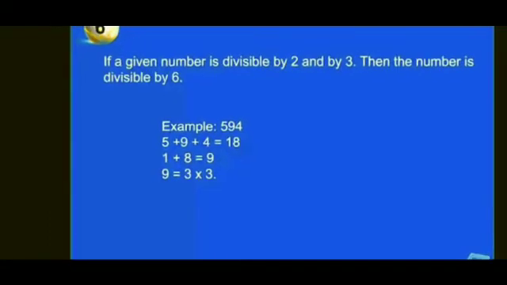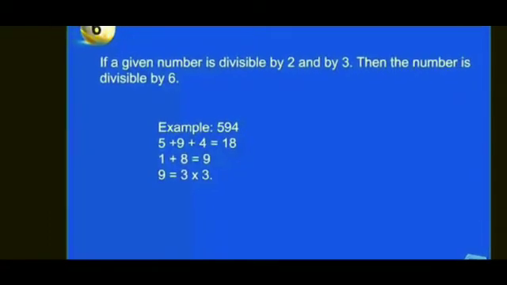If you cannot complete, please look at the screen and write. Copy the same, other than the last two steps: 1 plus 8 equal to 9, 9 equal to 3 into 3. That you don't want to write. Okay. Completed.